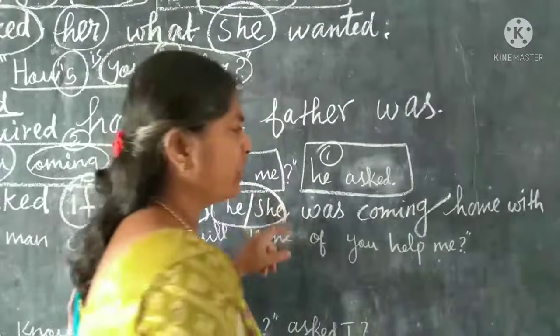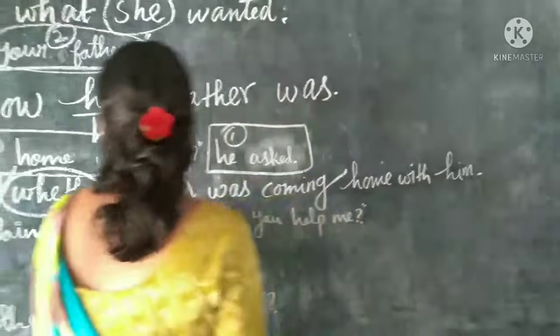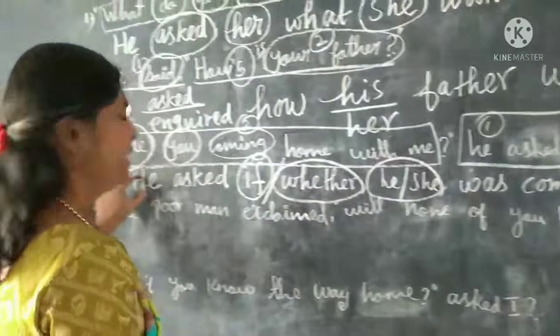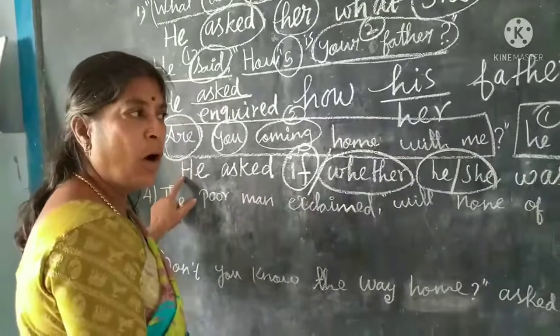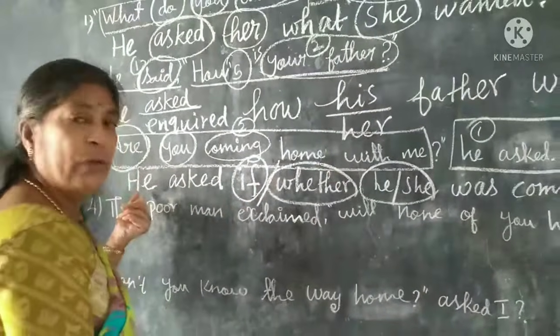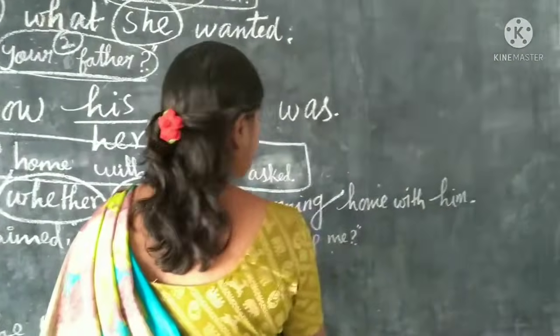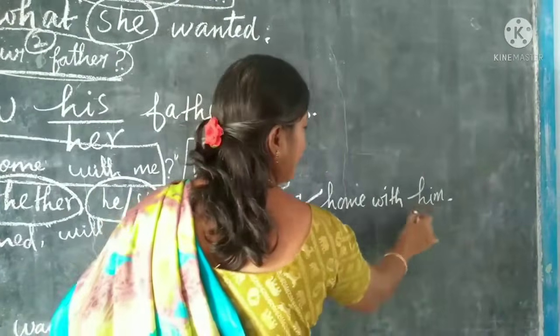Me is changed into him. You cannot write her because the word he is a boy. So he is the word me refers to, so it changes into him. Whether he was coming home with him.